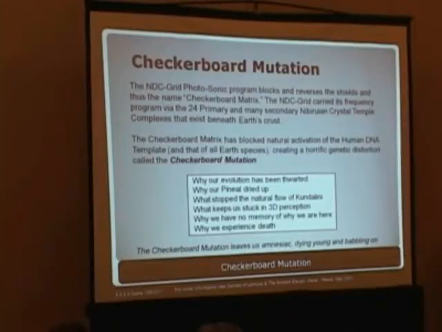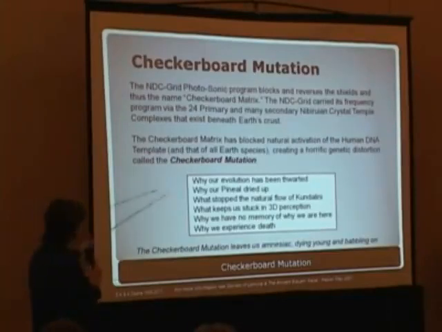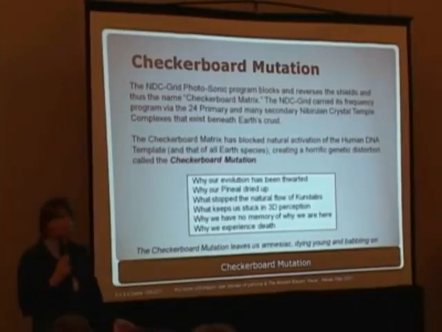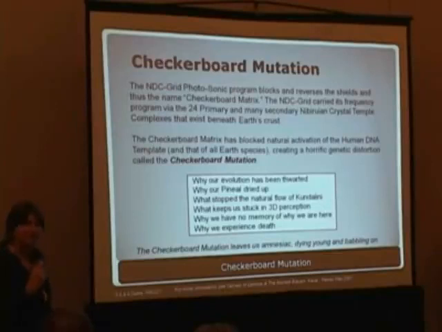The checkerboard matrix has blocked natural activation of the human DNA template and that of all Earth species, not just the humans, but the animals, the plant, and the mineral kingdom, creating a horrific genetic distortion called the checkerboard mutation. This is why our evolution has been thwarted. This is what dried up our pineal. This is what stopped the natural flow of the Kundalini energy that runs up the spine.